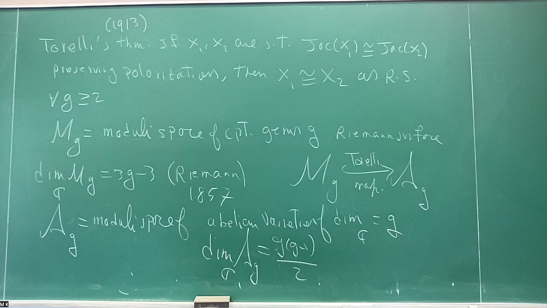How about if you have two different Riemann surfaces with the same Jacobian? You said the Jacobian alone doesn't determine the Riemann surface. Yeah, we need principal polarizations. So you mean to have the same Jacobian but different principal polarizations?